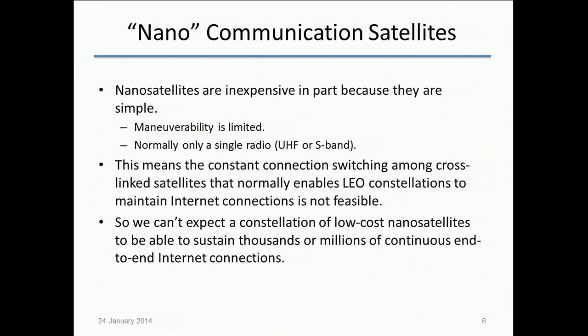And so the connection switching across the cross-linked satellites that you get from a LEO constellation, you can't readily get from a constellation of these nano satellites. And so you can't reasonably expect a constellation of low-cost nanosatellites to be able to sustain even a small number, much less thousands or millions of continuous end-to-end internet connections. It's just not a good way to run the internet.